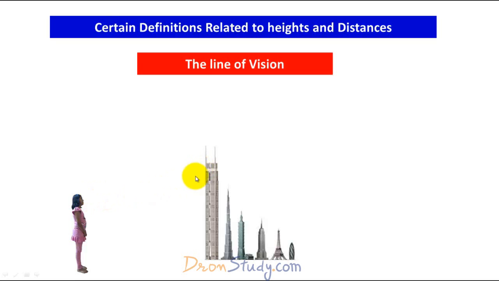Then the line drawn through the eyes of the observer, the girl, to the point on the object is called the line of vision.